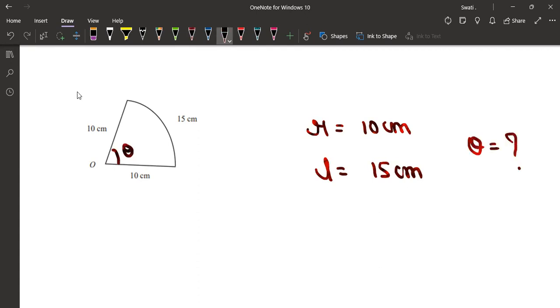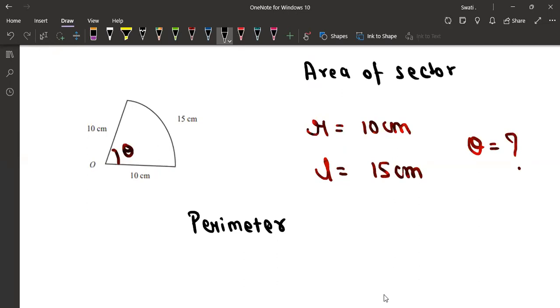So let's solve this. Of course, we know the perimeter of the sector. Yeah. Okay, so in this question, we have to find theta as well as the area of the sector. Both the things we have to find. So let's first find theta, then only we can find the area of the sector.